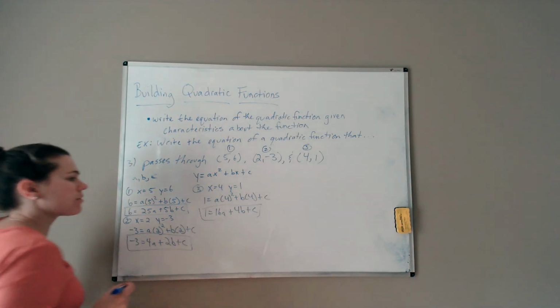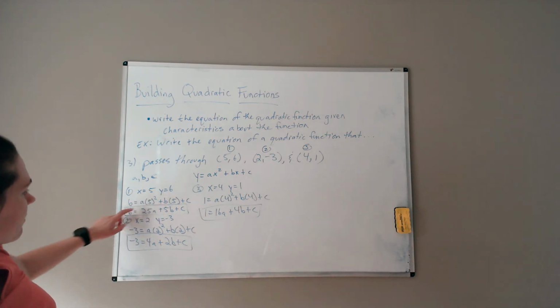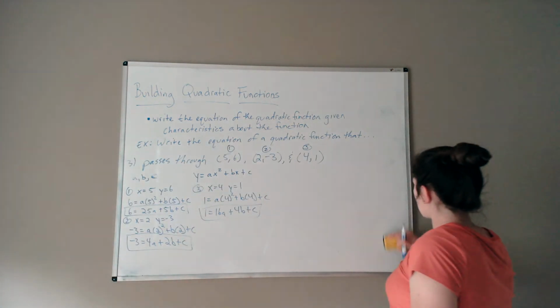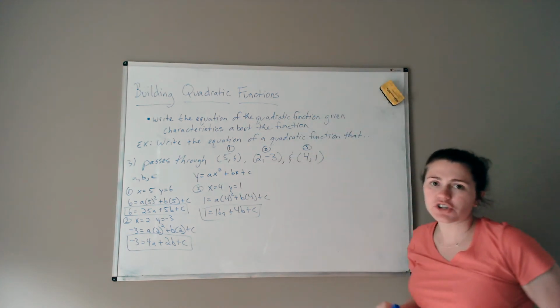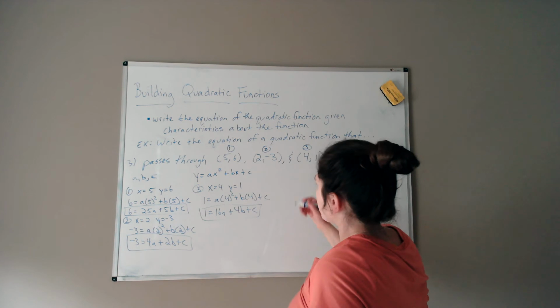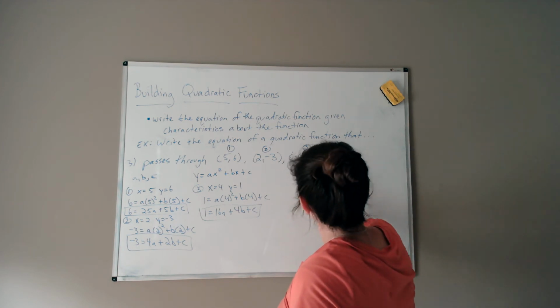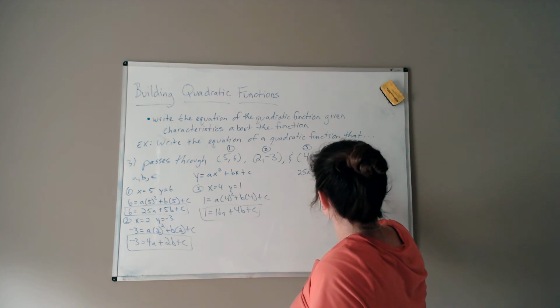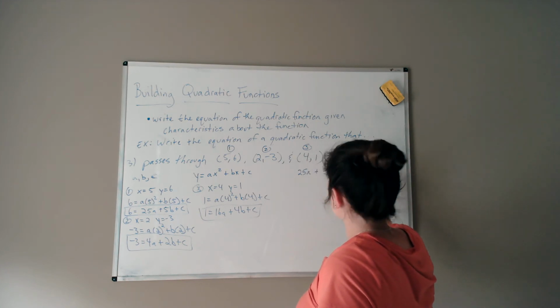And so now I have a 3 variable system of equations in which I can now solve for A, B, and C. And so now I'll have a quadratic function in the standard form. So I'll just rewrite this system. So this is 25A plus 5B plus C equals 6.